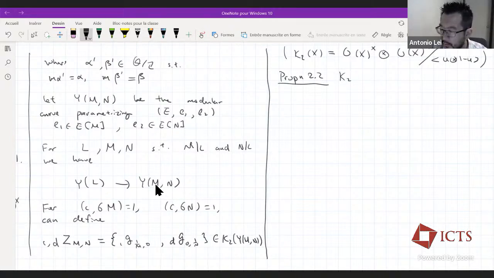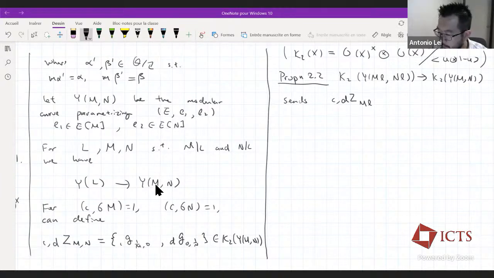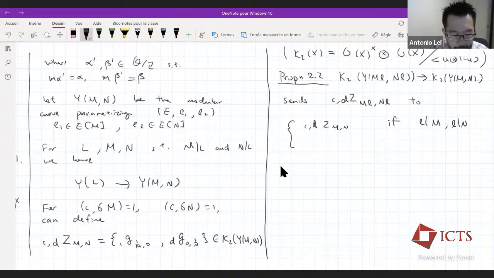So when you look at, let's say, the norm map going from K2 of Y_{ML,NL} to K2 of Y_{M,N}, you will send the element that I just defined, the element at this level, to the element downstairs if L divides M and L divides N. Otherwise, I will have some Euler factor in the Hecke operators.